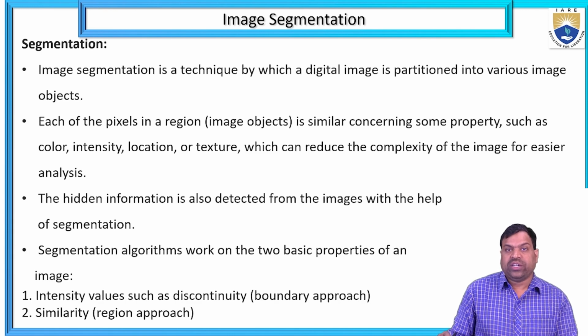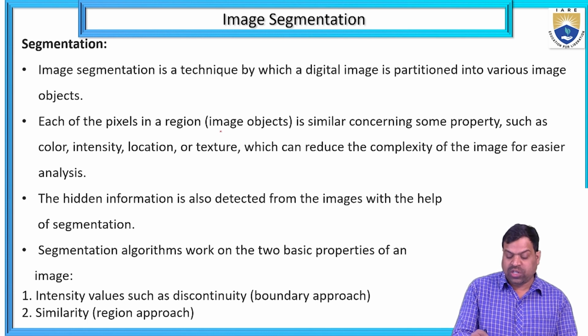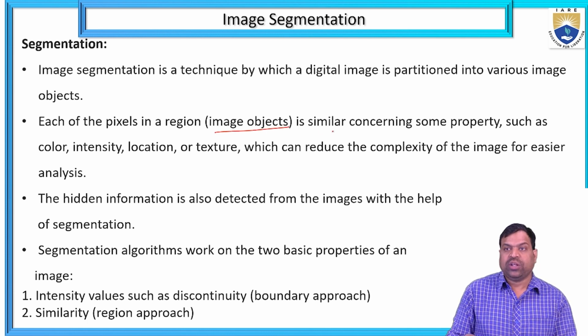Segmentation is a technique by which a digital image is partitioned into various image objects. Each pixel in a region or image object is similar concerning some property such as color, intensity, location, or texture, which can reduce the complexity of the image for easier analysis.